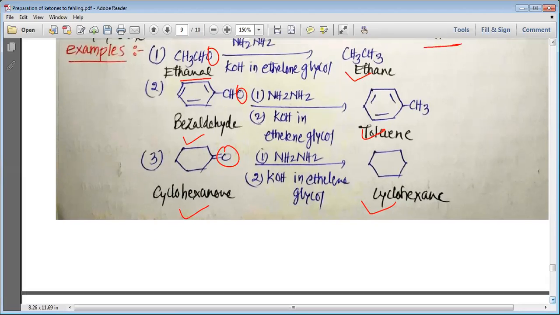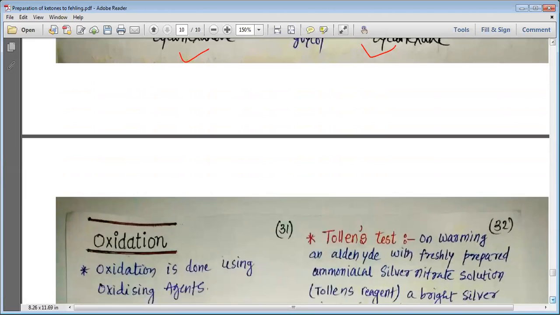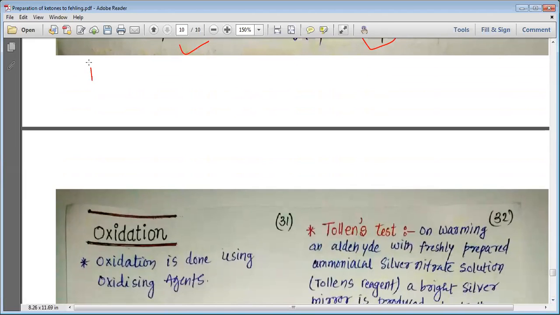We have studied two types of reduction. What are those two types of reduction? First we have studied the reduction called Clemmensen reduction. Dear students, what is the reagent for Clemmensen reduction?